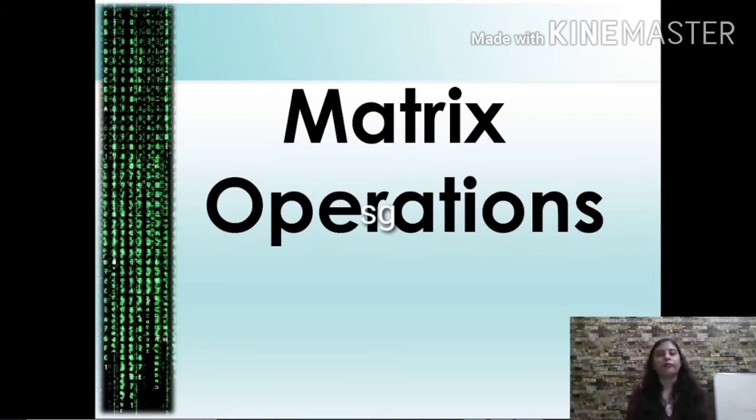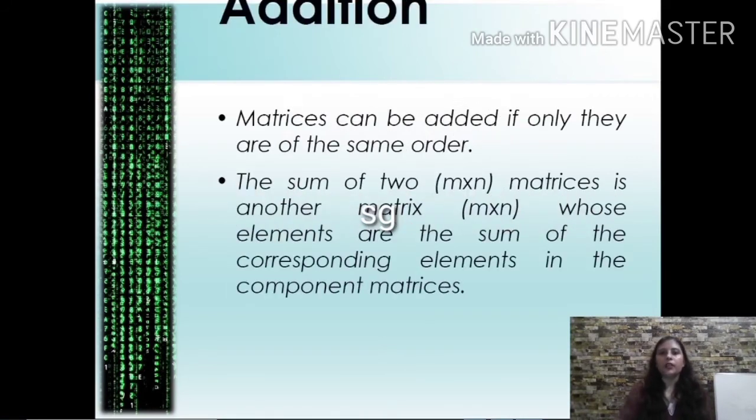If you have not followed up, please do look into the previous video so that you can get the entire knowledge on the different types of matrices. Without it, it will be impossible for you to understand how matrix operations are done. So here we start with the very basic, that is matrix addition.